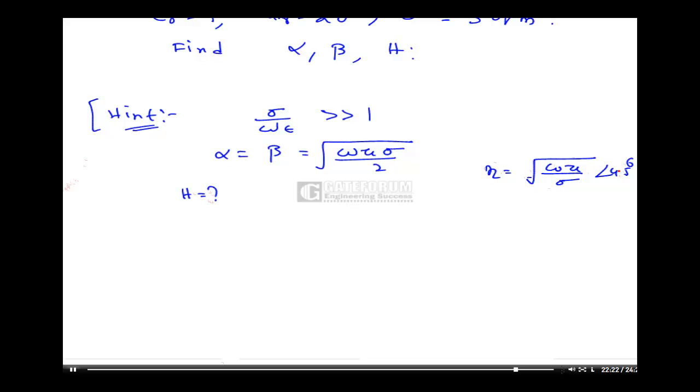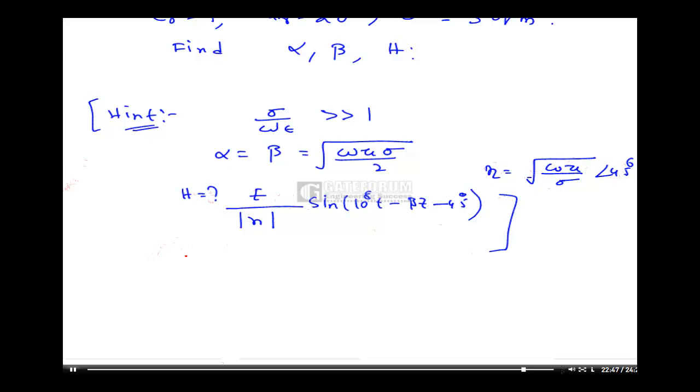So H is equal to E by the magnitude of eta, and the phase angle comes. So you will get some magnitude sin 10 power 8 t minus beta z minus 45 degrees. This form you will get. So you calculate this entire magnitude. This is the answer for this problem.